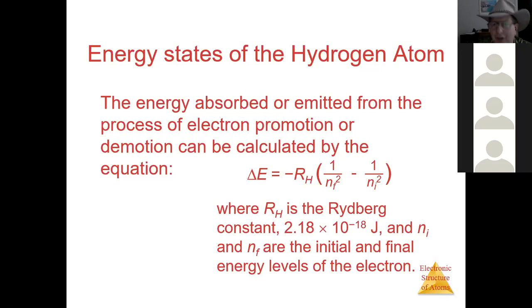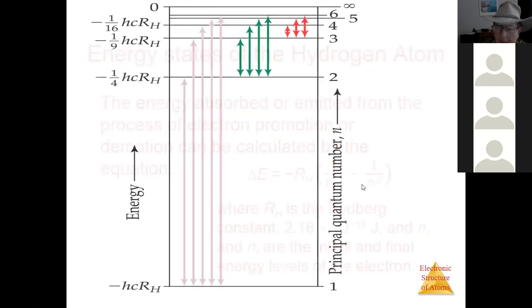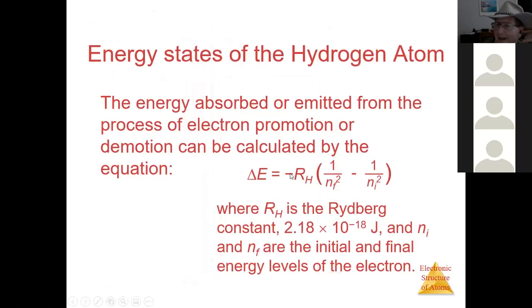Positive. Okay. This portion is always going to be positive. There's a negative sign out here because we know that electrons going from higher orbitals to lower ones make it an exothermic reaction. So that's why the negative is in there.